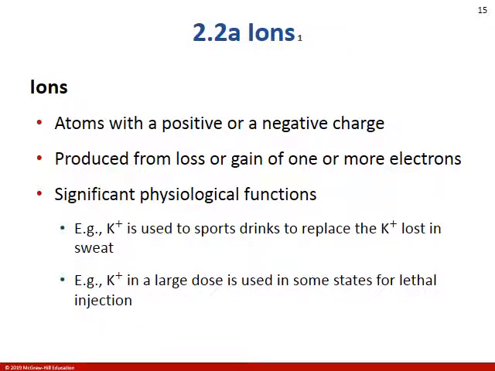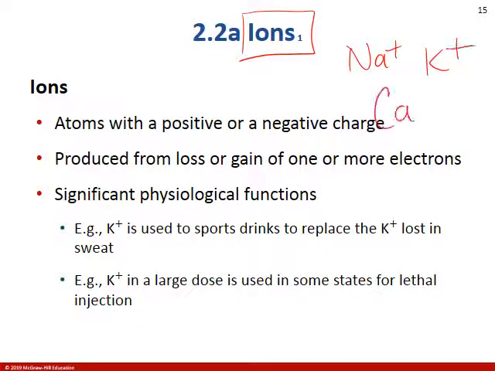When an element, or an atom within an element, gives up an electron or takes on an electron, it then becomes an ion. So you might have seen this, or this, or this, or this. If it has a plus or a minus, that's telling you it's an ion.